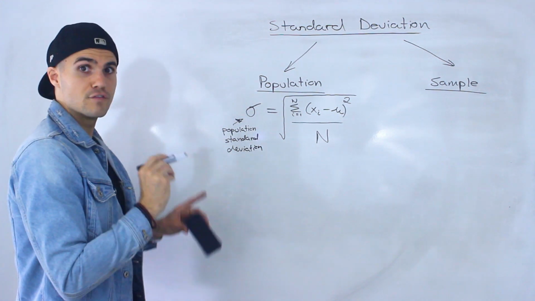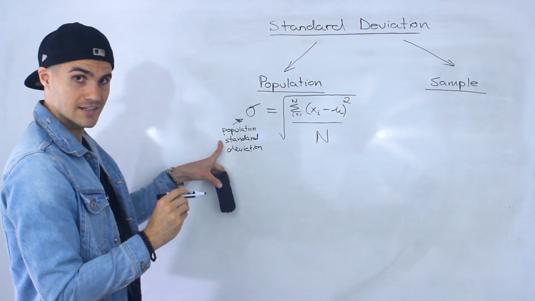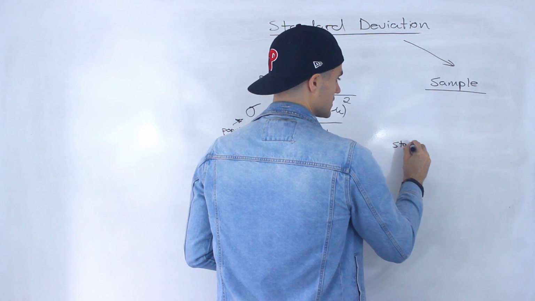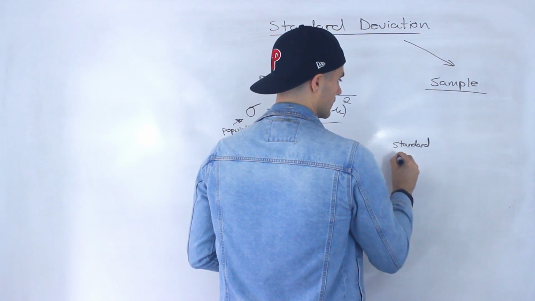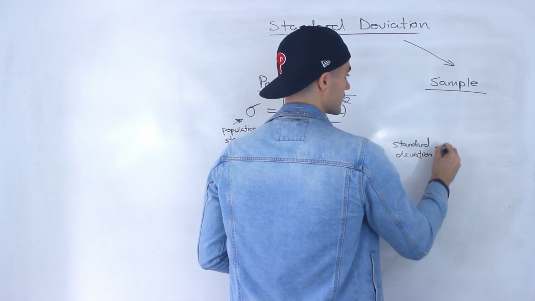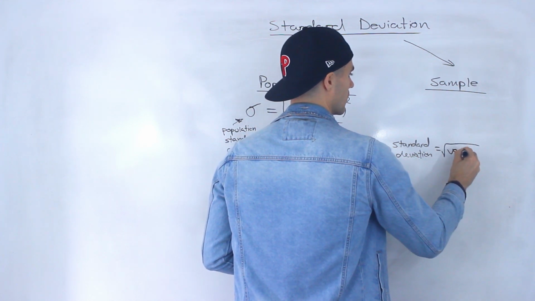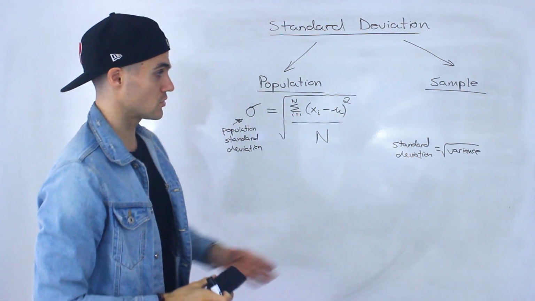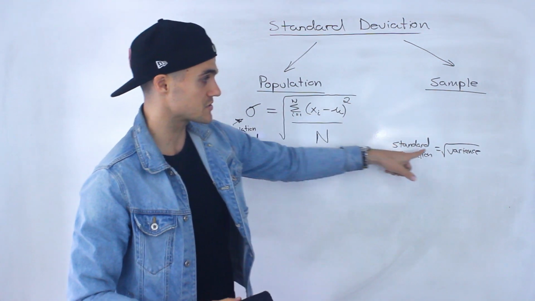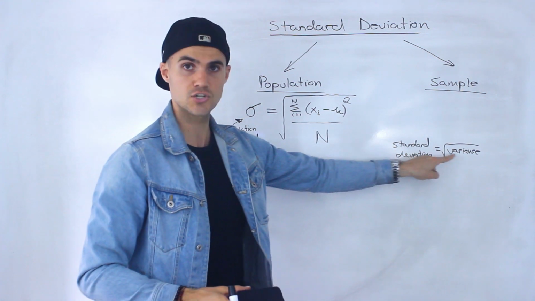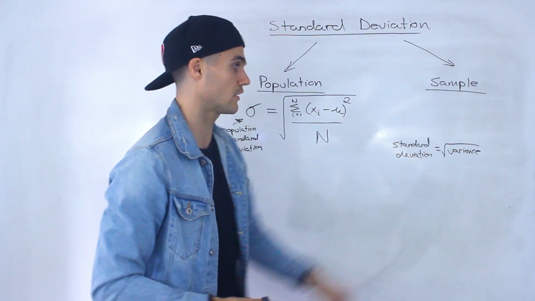Now I mentioned that the variance is very closely related to standard deviation, and basically the standard deviation is always the square root of the variance, whether you're working with a population or a sample. So the population standard deviation is always the square root of the population variance, or the sample standard deviation is the square root of the sample variance.